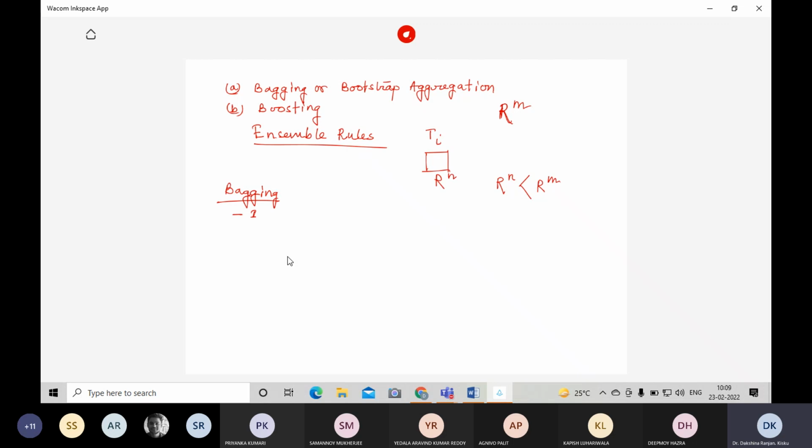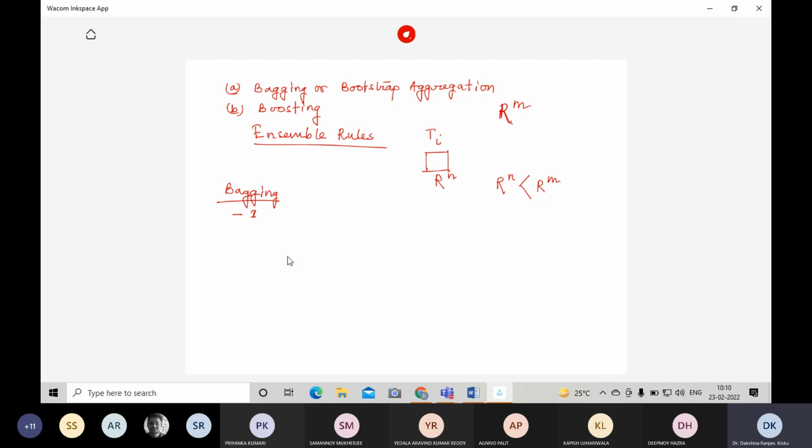The second point is that it uses feature bagging, and it selects only a random subset of important features at each split. That means whenever we split the data, we select important features. It also reduces the correlations and the impact of a very strong predictor, and it also decreases the variance. So these are the different properties of a bagging algorithm.